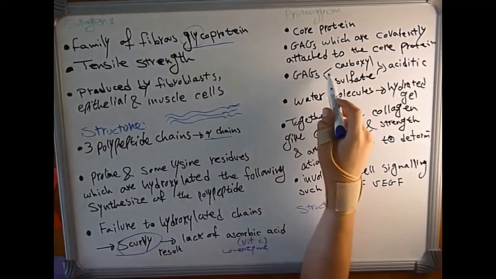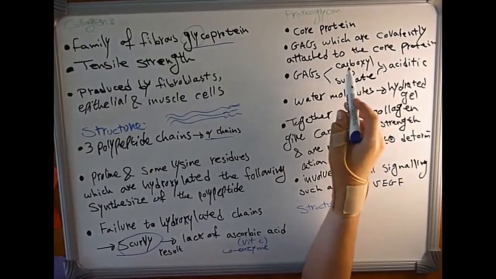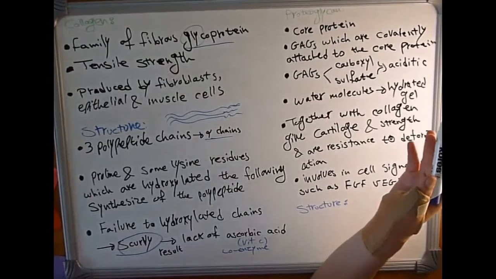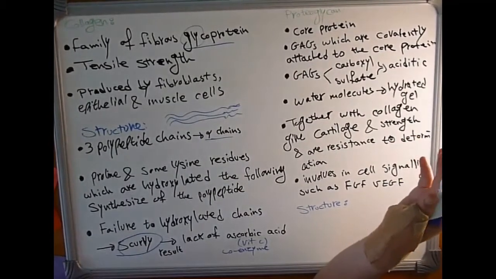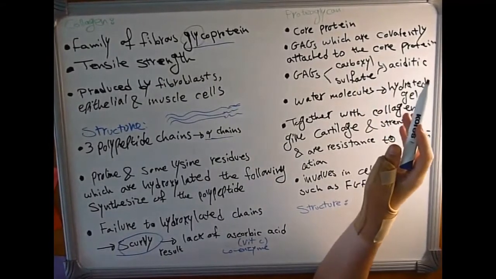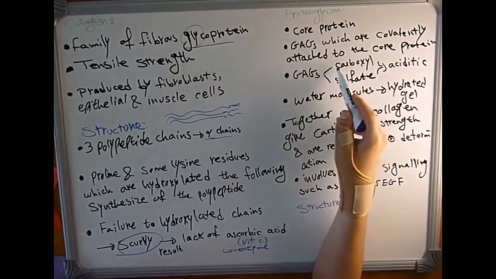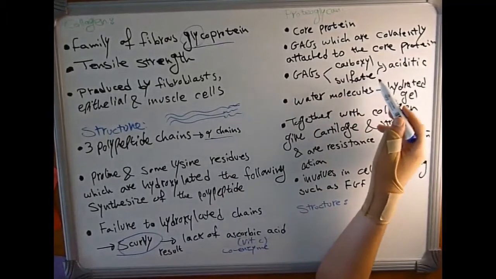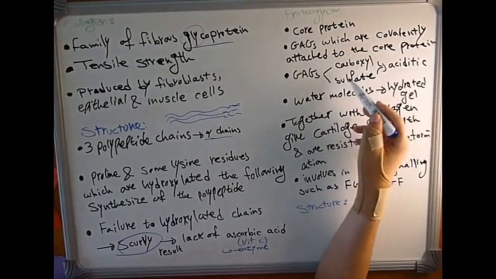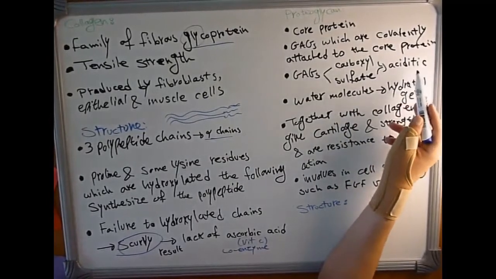Glycosaminoglycans consist of repeating polysaccharides, and they contain carboxyl and sulfate groups, which are highly acidic.